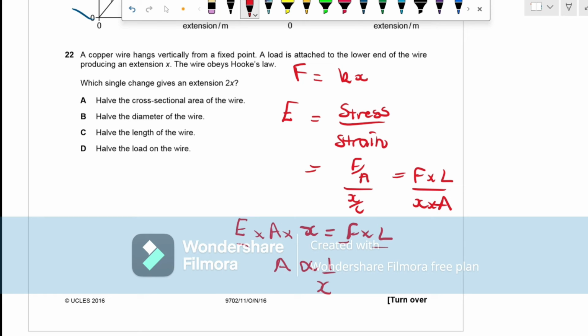So if you halve the area, from inverse proportionality, you're going to double the extension. Half the area, double the extension. If you halve the diameter, it affects the area fourfold. That doesn't work. If you halve the length, that halves the X because they're directly proportional. If you halve the load, that also halves the X because they're also directly proportional. So the answer is going to be A.